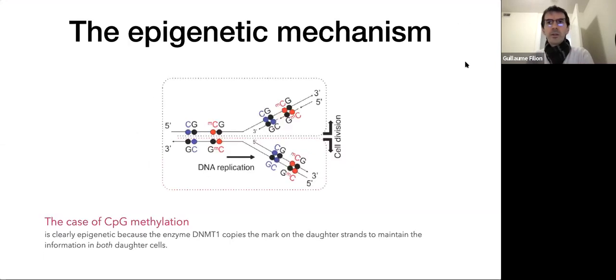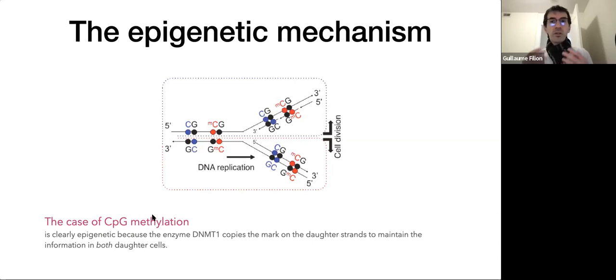So it's really important to understand that this is epigenetic, because there is an epigenetic mechanism, and that is what DNMT1 does. The case of CpG methylation is clearly epigenetic because the enzyme DNMT1 copies the mark on the daughter strands to maintain the information in both daughter cells.